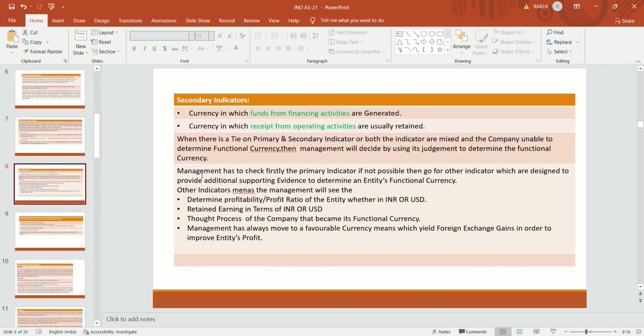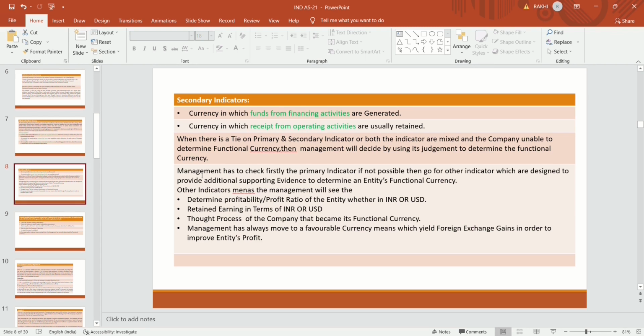The first secondary indicator is the currency in which funds from financing activities are generated, meaning in which currency you are generating the funds, taking the loan. Your IPO belongs to which currency? Equity belongs to which currency?